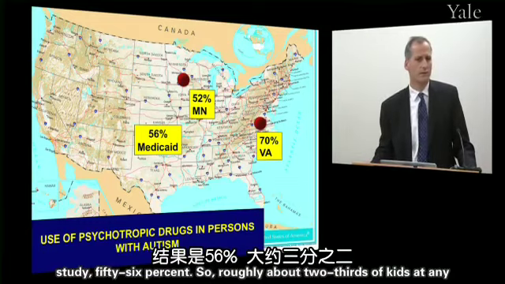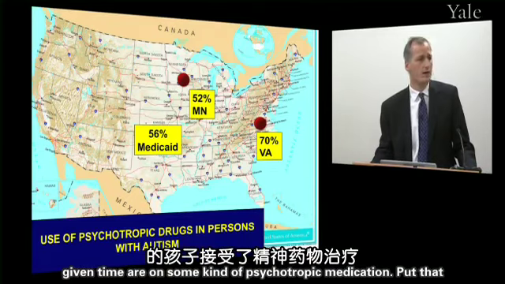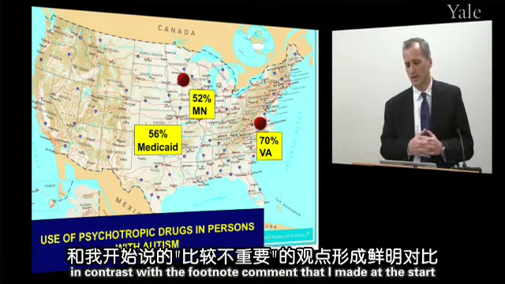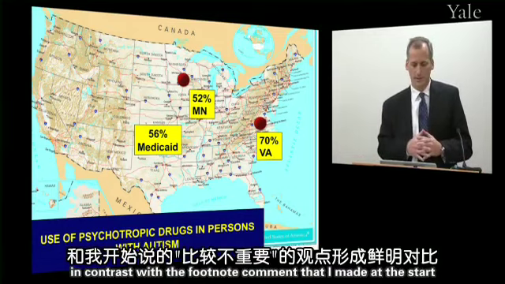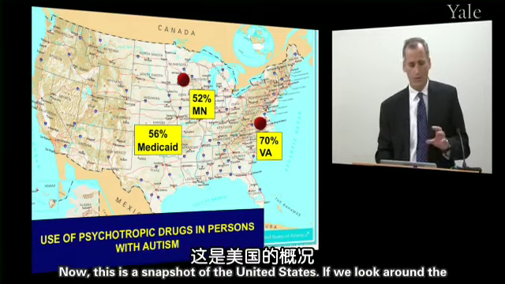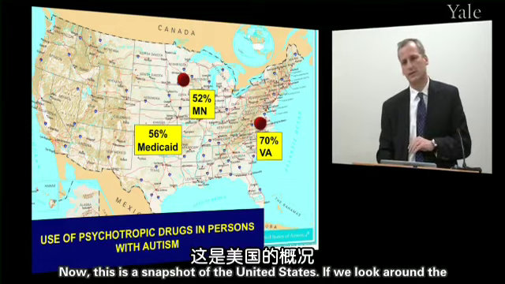So roughly about 2/3 of kids at any given time are on some kind of psychotropic medication. Put that in contrast with the footnote comment that I've made at the start.